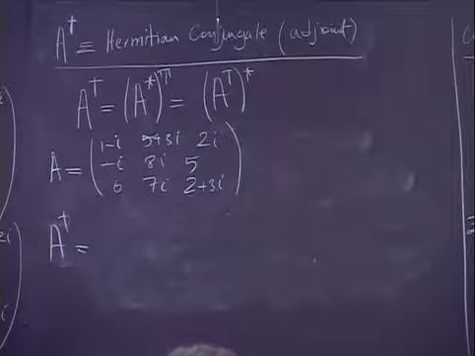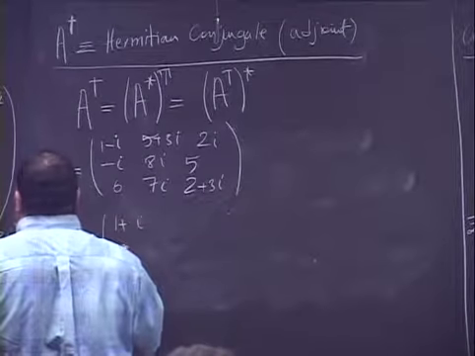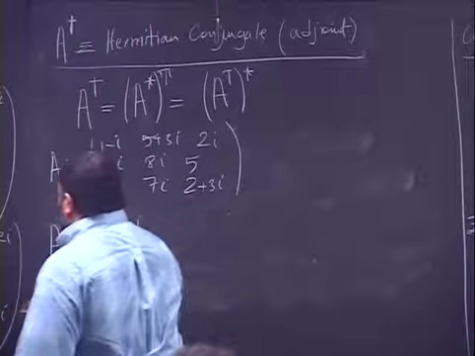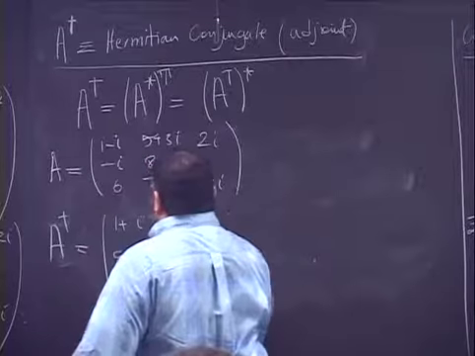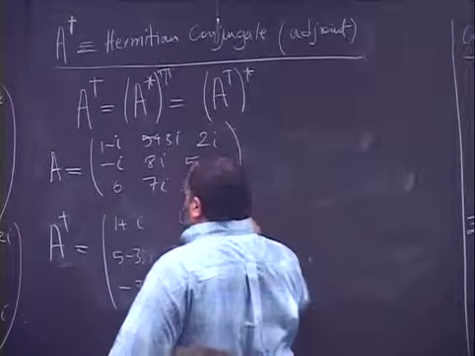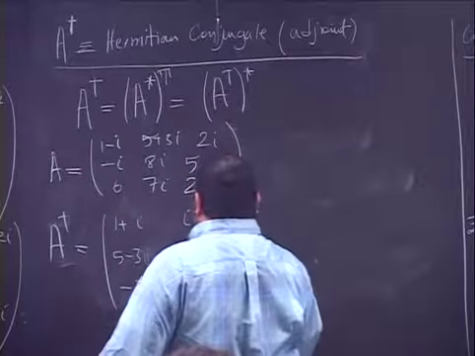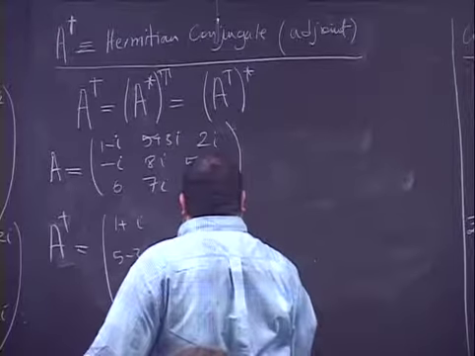All we want to do is transpose it. So this will give us 1 plus i, 5 minus 3i, minus 2i. Then the second row will now be a column. This will be i, minus 8i, 5. Then the third one will be 6, 7i minus 7i, 2 minus 3i.